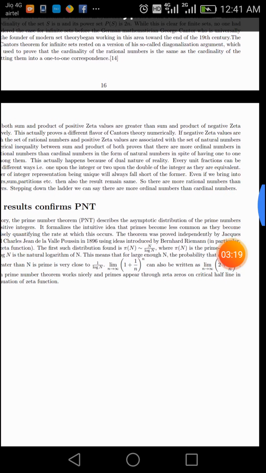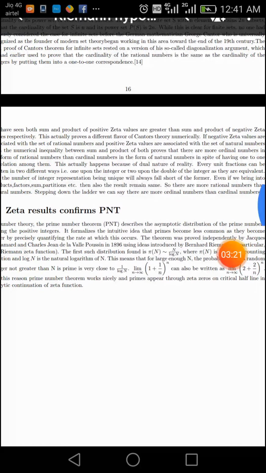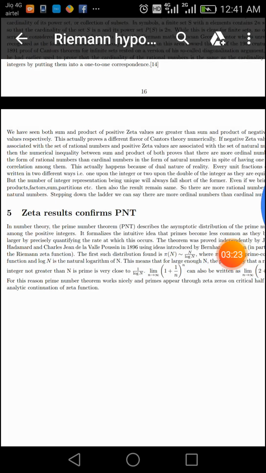We know that the prime number theorem talks about primes and gives the scale. We can find the number of primes. It's the natural logarithm scale. So up to a given number n, to get the number of primes, we can have an estimate: that number divided by ln of n.